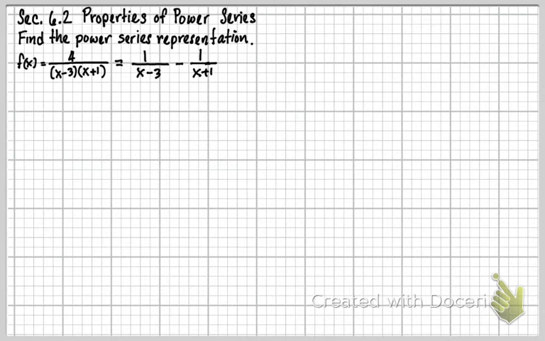Okay, so the first one we're going to look at is this 1 over x minus 3. So now I can write this way here.